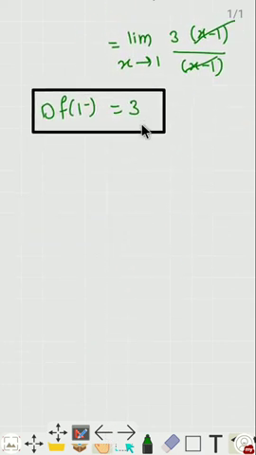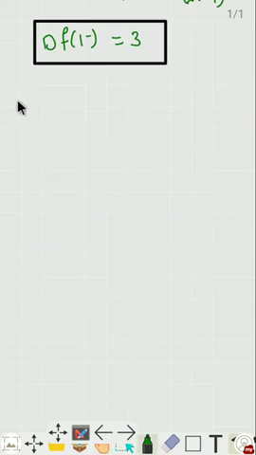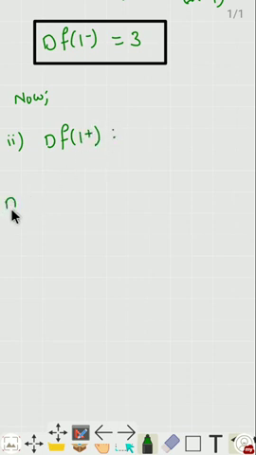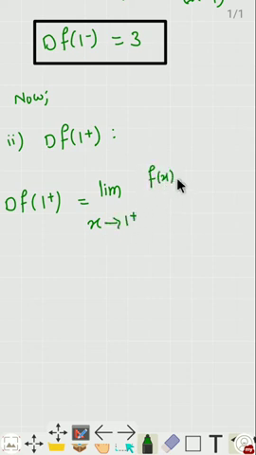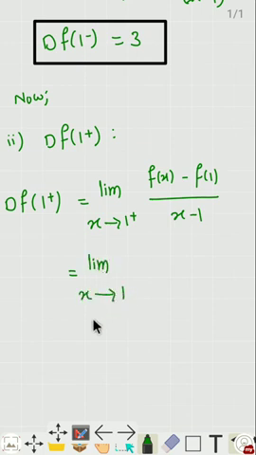Now we find the derivative of f at 1 plus, which means right hand derivative. So derivative of function f at 1 plus is equal to limit x tends to 1 plus of f of x minus f of 1 whole divided by x minus 1, and it is equal to limit x tends to 1, but in this case x is greater than 1.